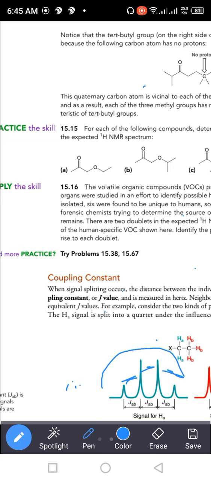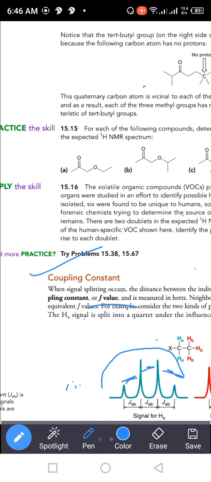What is the average distance between peaks? That distance between peaks is called a coupling constant. Coupling constant is represented by the J value. So J value or coupling constant means the distance between two peaks. Sometimes we say the spacing between two peaks, how much spacing or distance there is between two peaks, that is called a coupling constant.